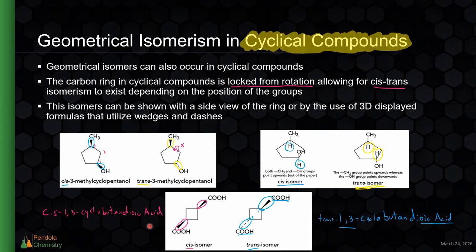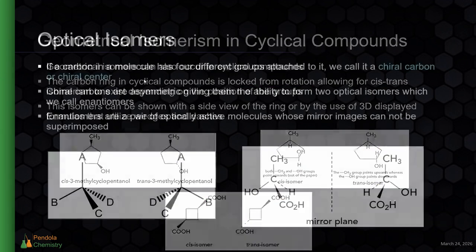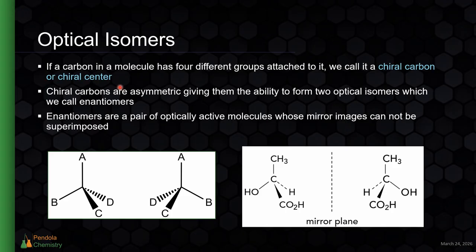So I'll make it the cis isomer. So that's geometrical isomerism, or otherwise known as cis-trans isomerism, for double bonds. Anytime we have a double bond, we're probably going to have cis-trans isomers, and cyclicals are also going to have cis-trans isomers. The other type of stereoisomer, which is arguably the most complicated one, is optical isomerism.